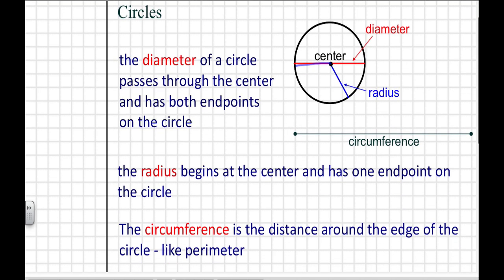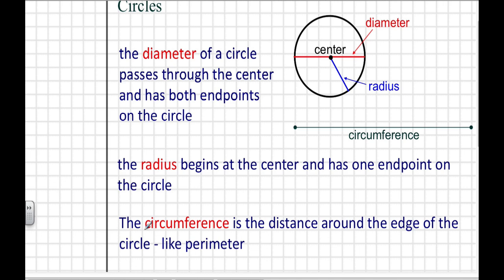Alright, my next vocabulary word is circumference, and this is one of the things that we need to be able to calculate for this section. The circumference is the distance around the edge of a circle. It's kind of like perimeter. So if I was walking on a giant hamster wheel around the outside of it, how far I walked would represent the perimeter of that hamster wheel.